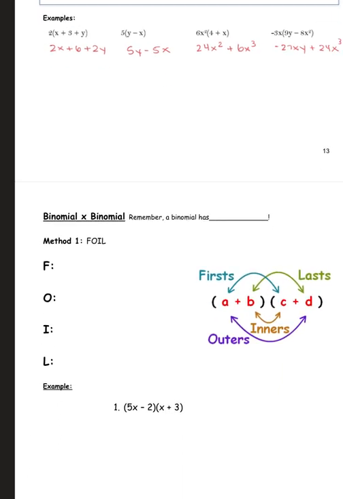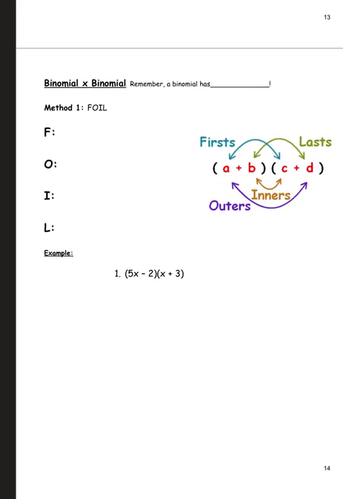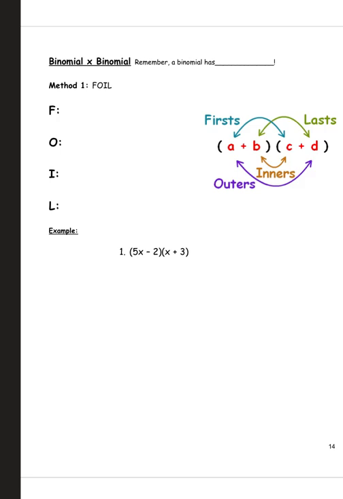All right. Now let's look at when we multiply binomials. There are two ways that we can multiply binomials. The first way we're going to look at is the FOIL method. Remember, a binomial has two terms.